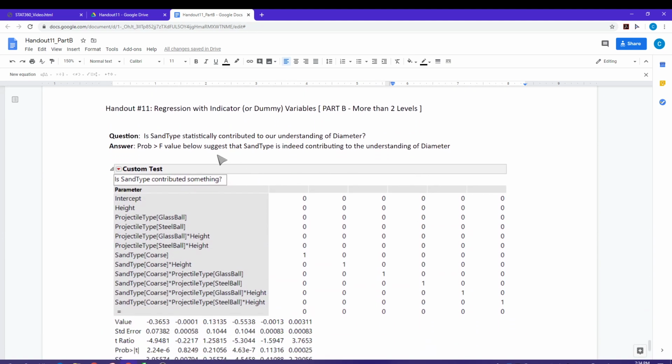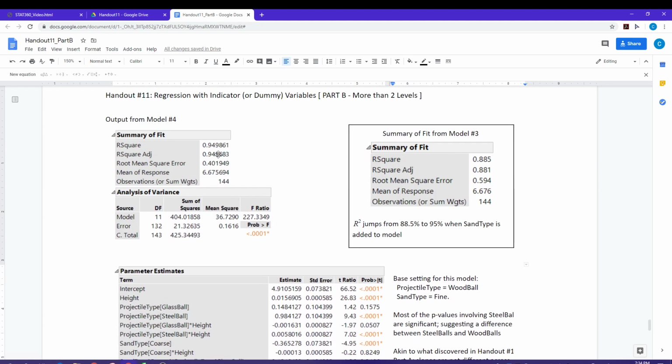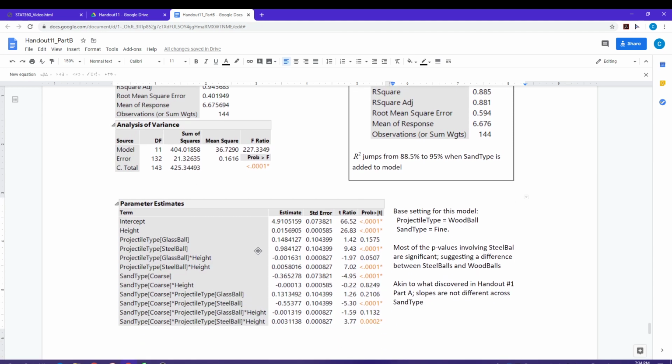So kind of a big question here, why we call it the Big F test from Handout 10. A kind of overarching question is, is sand type statistically contributing something to my understanding? I know that my R squared went up a little bit, but was that enough of an increase to warrant this more complicated model? Certainly this model is much more complicated than model number 3.